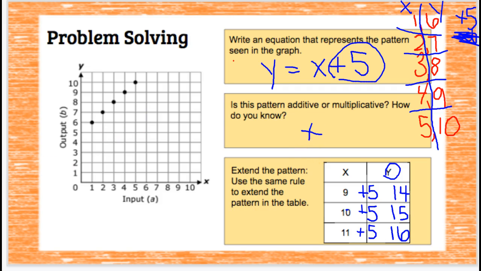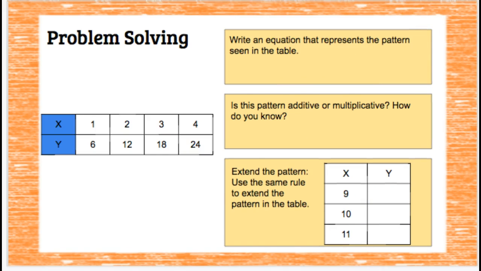So you're going to try this one. And this one actually gives you a table instead. So you're actually finding the rule just like it would be a table. So a table and a graph are the same thing. Here's your y, here's your x, here's your y. 1, 6, 2, 12, 3, 18, 4, 24.